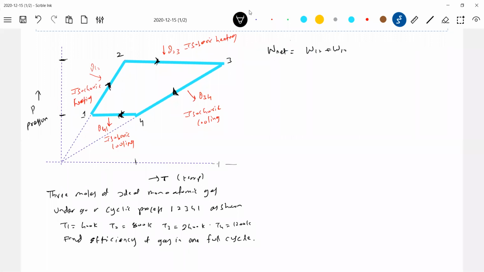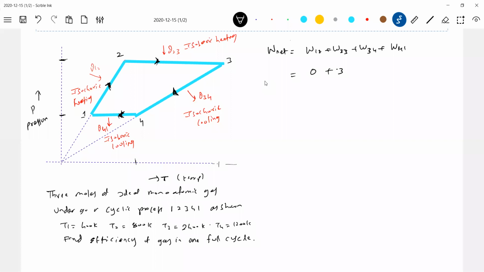W12, W23 plus W34, W41. W12 will be 0. Why 0? Isochoric process. W23 is what? Isobaric process. In isobaric, what is work done?